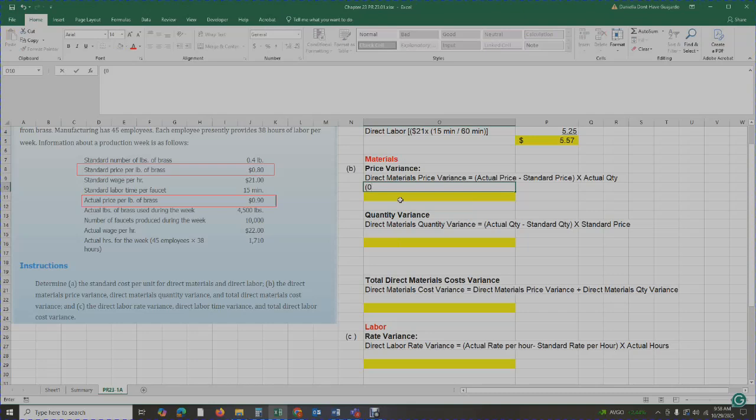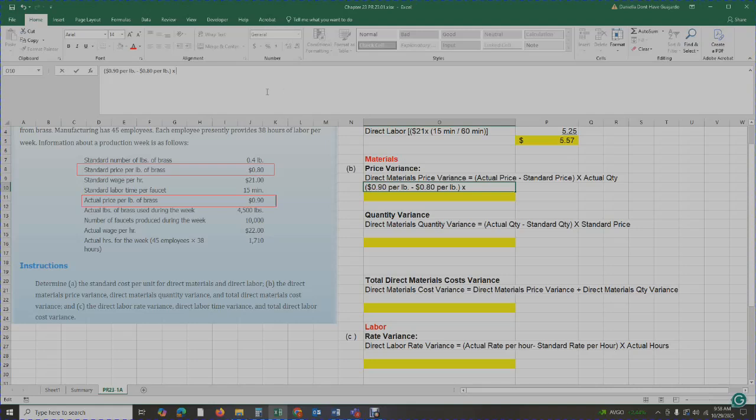So the actual price was 90 cents per pound. The standard, what we anticipated, was, let me put a dollar sign because this is dealing with money, 80 cents per pound. And then we're going to multiply times the actual quantity.